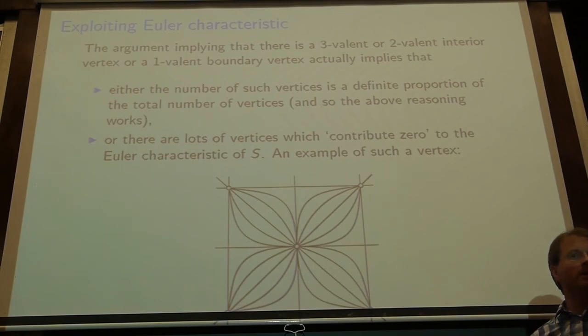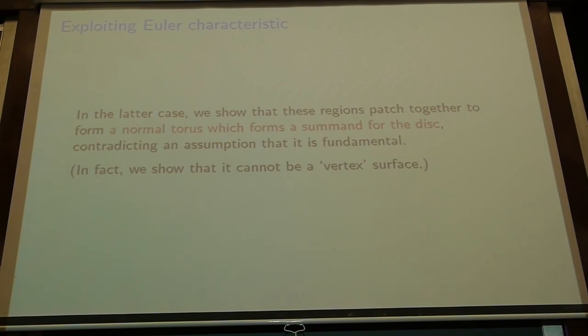You can imagine scenarios where you avoid that sort of repeating pattern. But it turns out that because you're sitting inside a 3-manifold, being carried by a branch surface, you can arrange that it doesn't happen. It's quite a difficult argument, actually, but you end up contradicting the initial assumption that the disk is fundamental. So this is another part where you have to use normal surface theory, quite an essential bit.